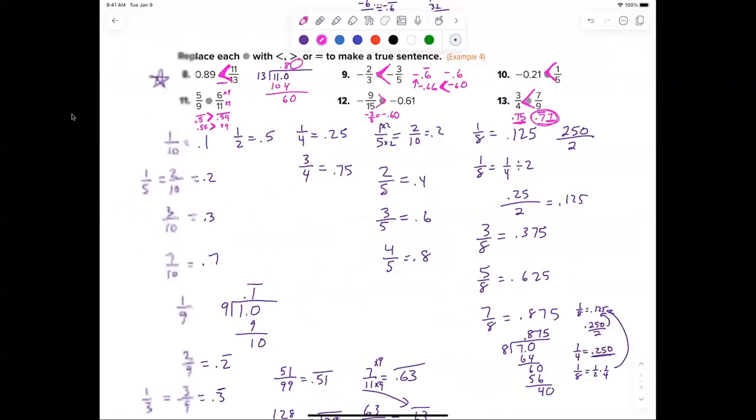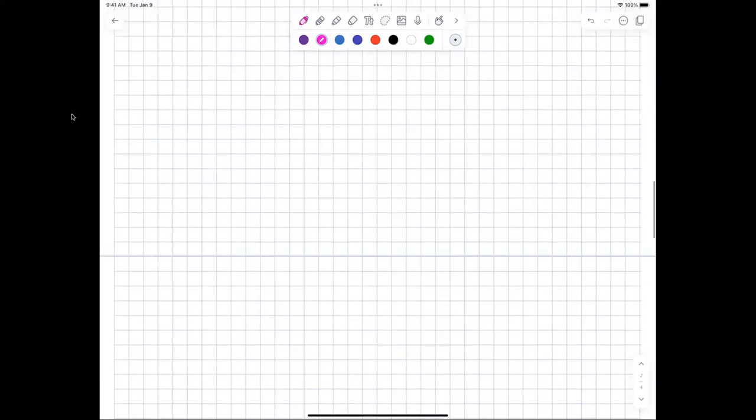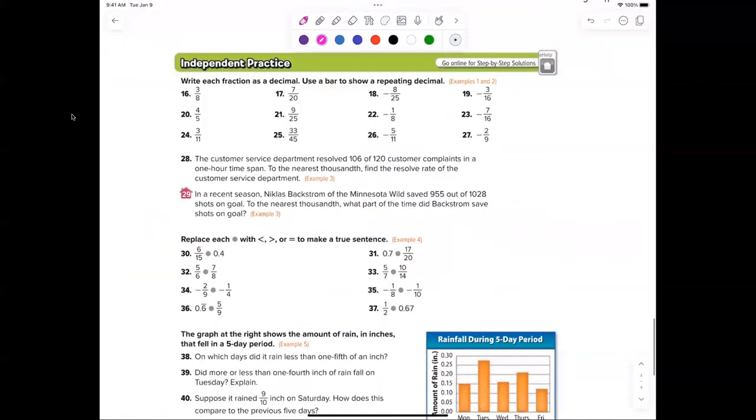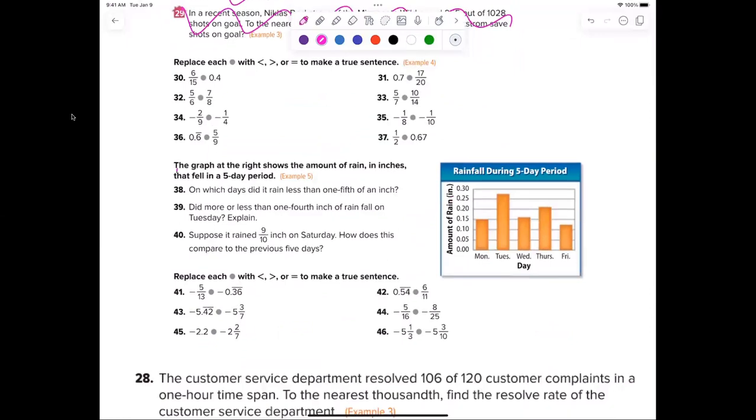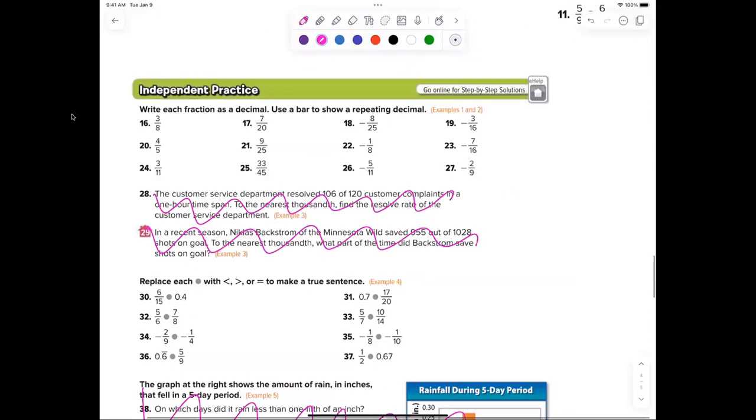All right, now what I want to do is go down the page a little bit. Everybody can cross out 28 and 29 because those are what? We're going to have a test on word problems. So we don't have to do that or this one at the moment. All right, so everybody put at the top of your paper here.